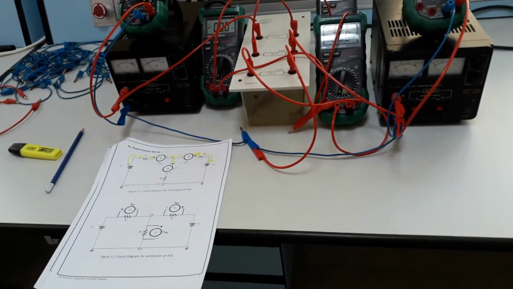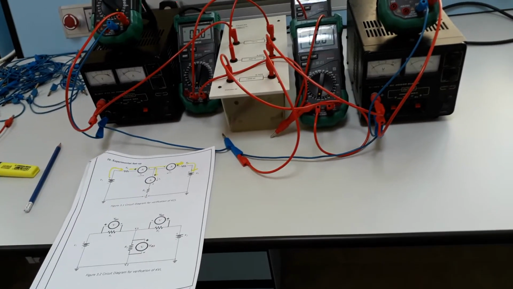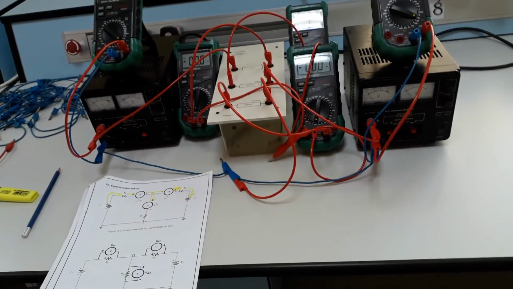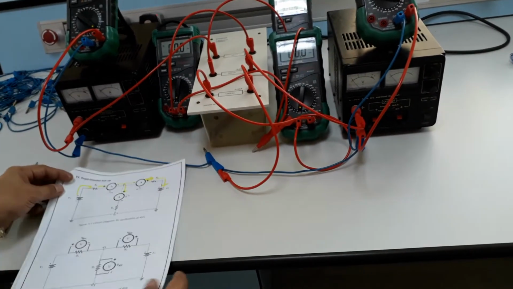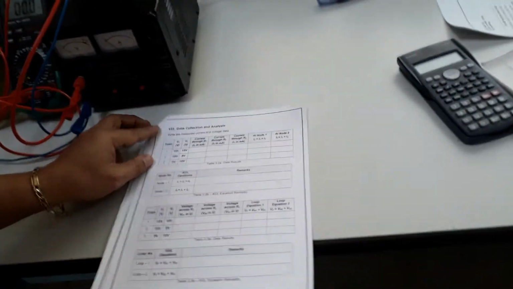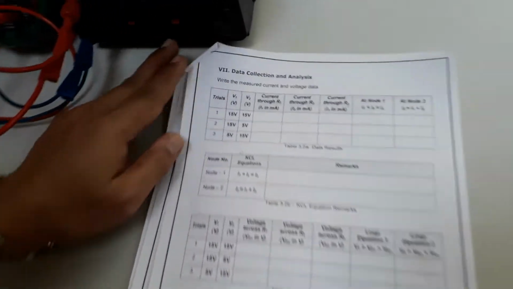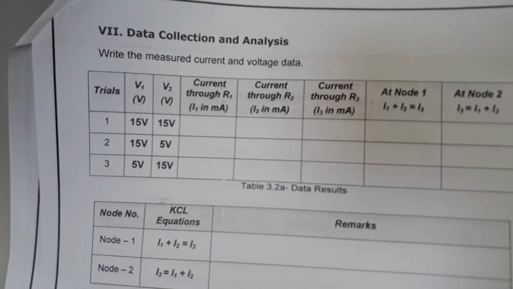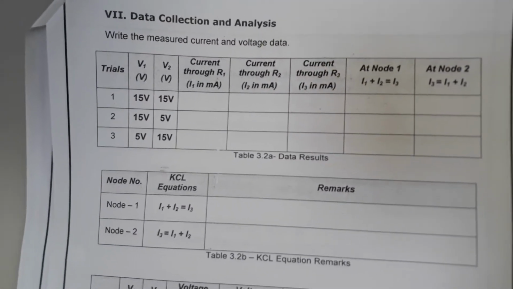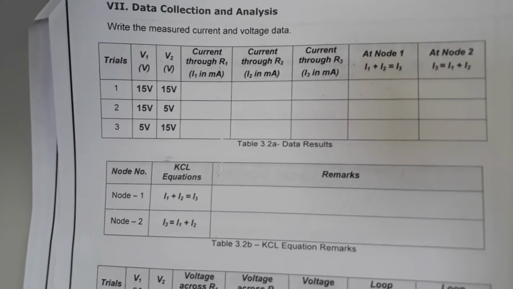Now we will turn on the components and materials needed in this experiment. In the table, write the measured current and voltage data. We will focus on the current.